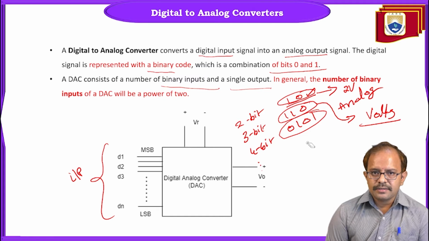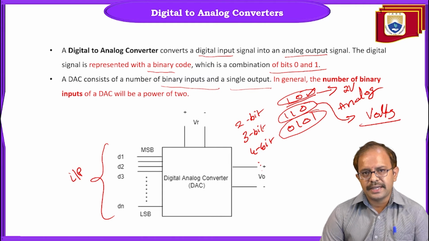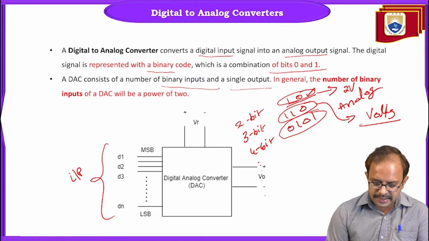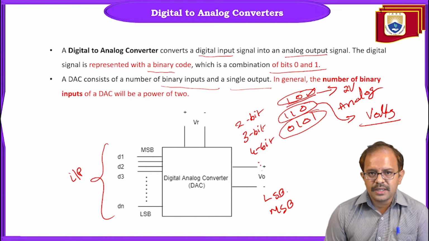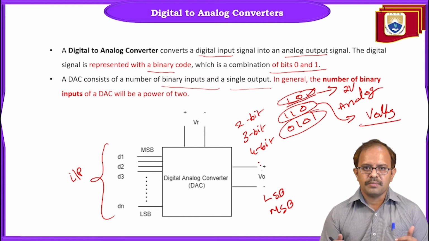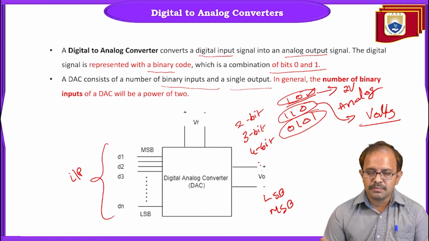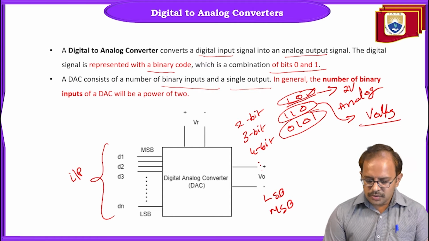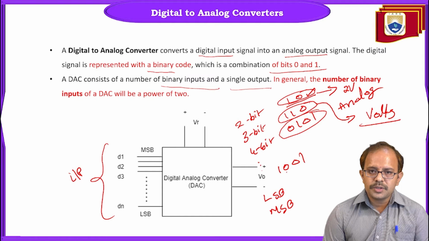So we are going to take the digital data, which will be in the form of binary, and in the general representation, any digital data will have an LSB and an MSB. What is meant by LSB? Since the digital data considered here is sequential, it has a sequence of numbers, either zeros or ones. So if I say 4-bit data, let us say 1001, here I need to specify the LSB as well as the MSB.